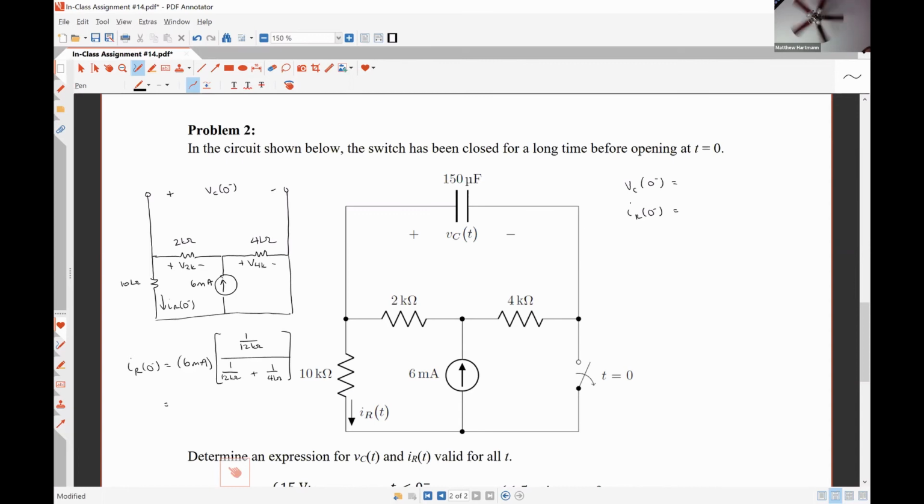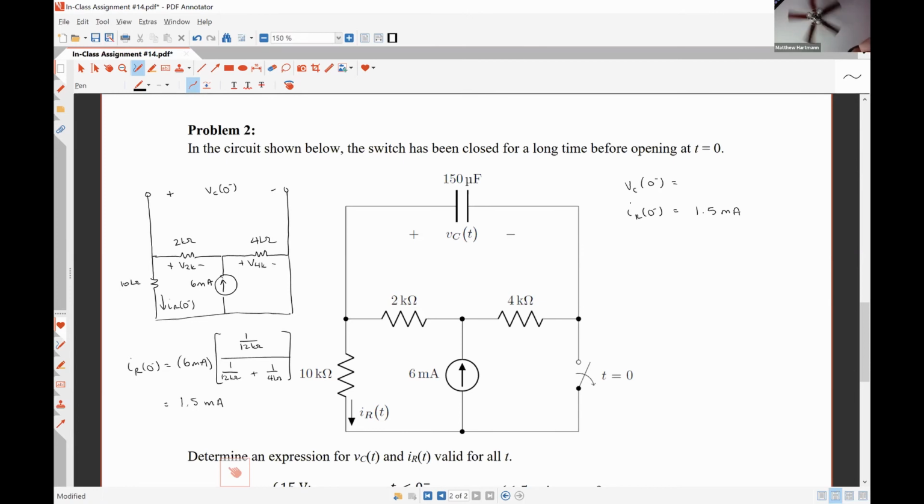So we have 6 milliamps times, let's do this, 1/12 over 1/12 plus 1/4. 1.5 milliamps. All right.